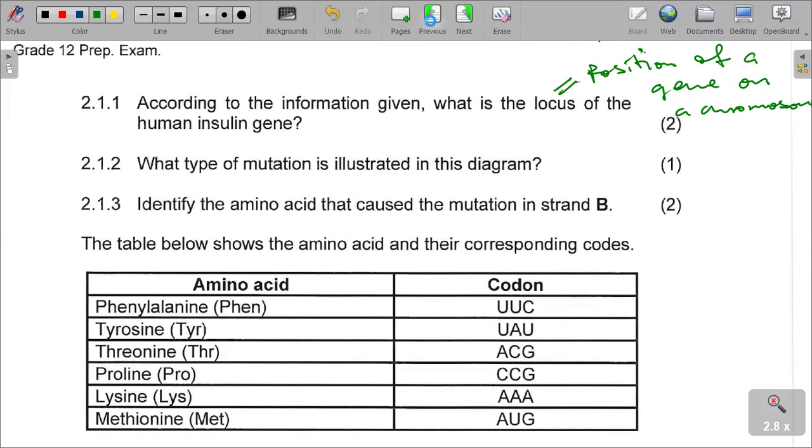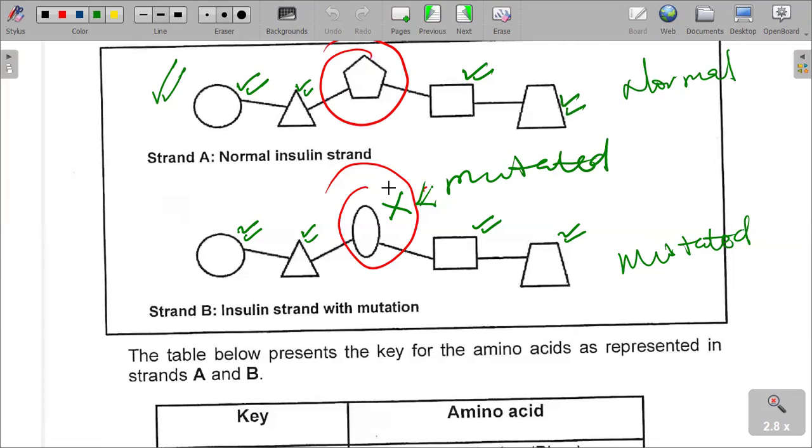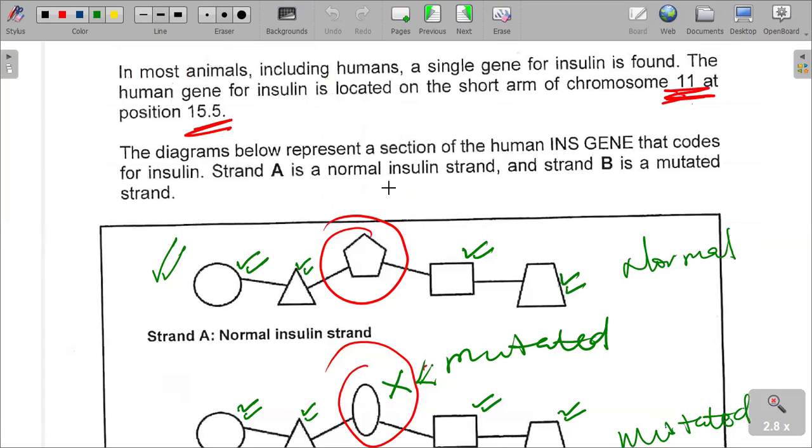Actually, this one you can quickly see, the position is given there. It is given that the human gene for insulin is located on chromosome 11, at position 15.5. So it is actually given, class.